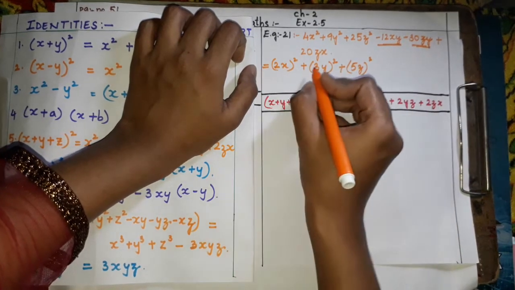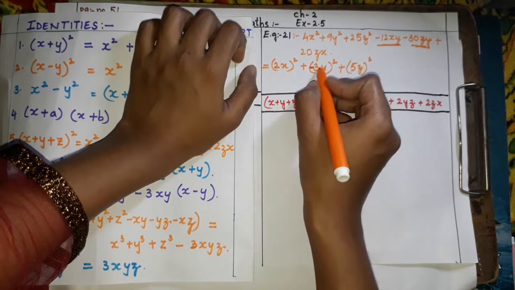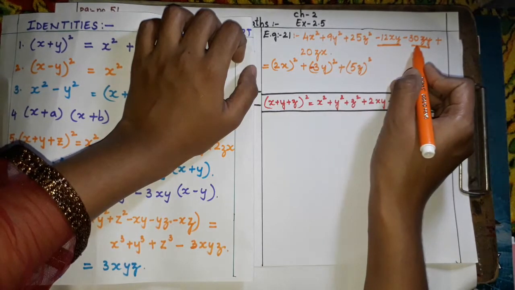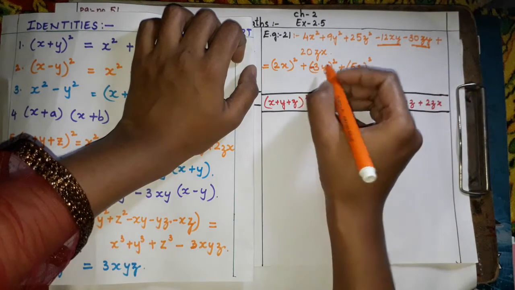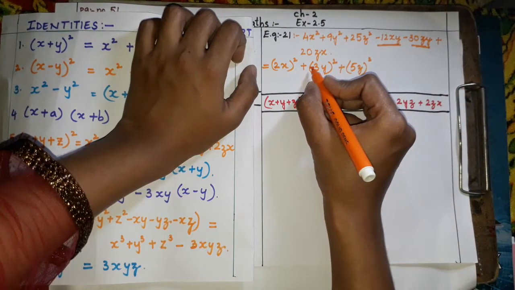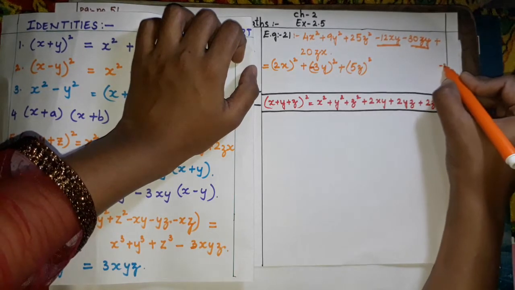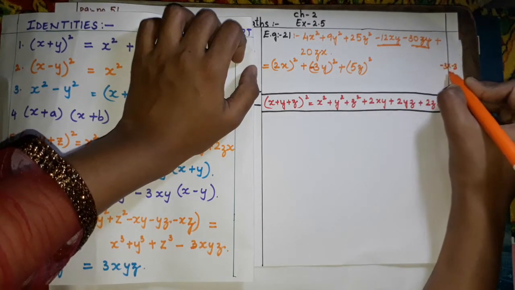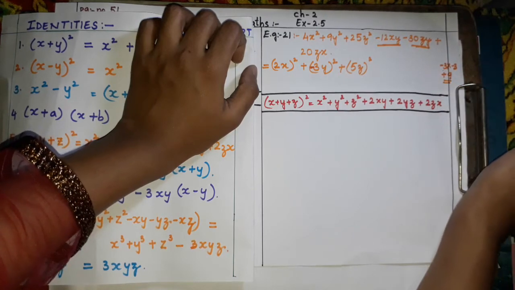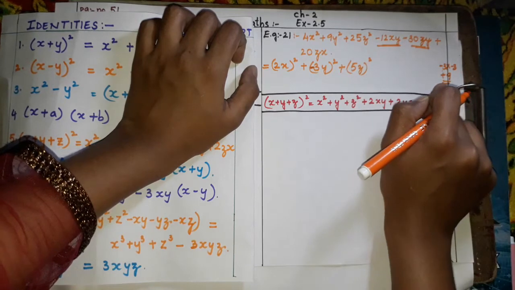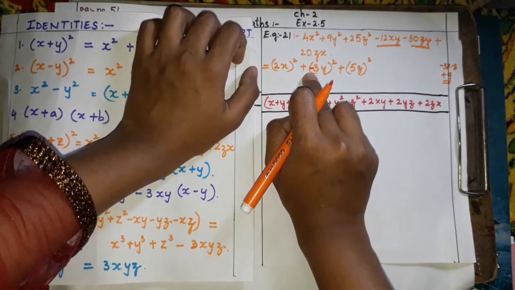So what we have to do, in place of 3y we can write minus 3y, because here also minus is there, here also minus is there. In these two terms y is similar, so that's why we are taking minus. Now (minus 3) square is nothing but minus 3 into minus 3 will give you what? Minus into minus is plus, 3 threes are 9. Did you all understand children? It is plus 9 itself, but here they have given minus, so we have to take (minus 3y) whole square.